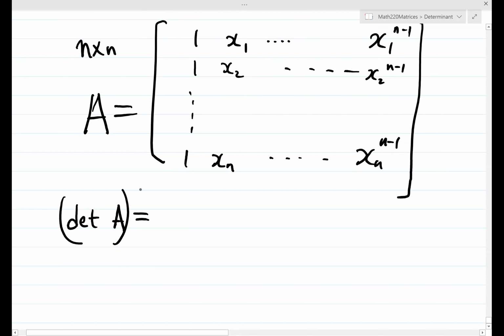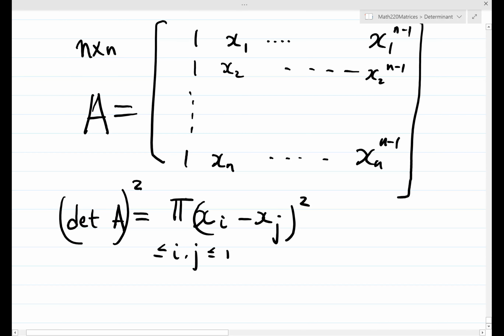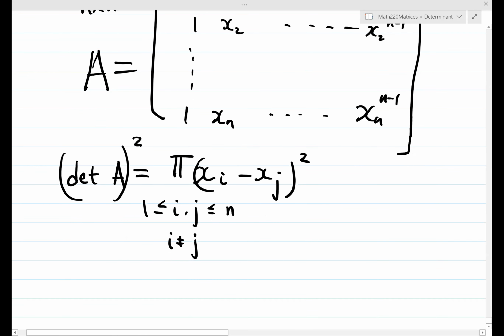So this will be the product of xi minus xj squared, where i and j are from 1 to n, and of course i is not equal to j. So this is the Vandermonde determinant, a famous example.